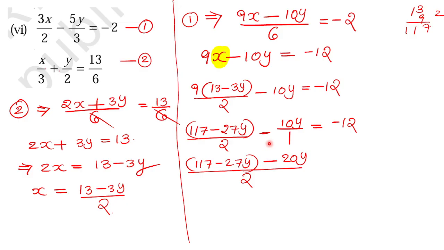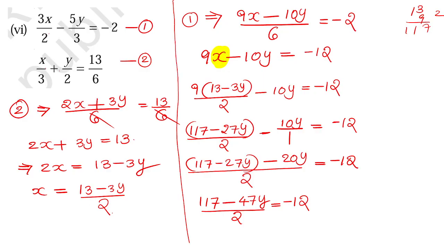Denominator is 2 into 1, 2. Understood? Clear? And the right side is minus 12. Let me write one more step. 117 minus 27y minus 20y. Minus 27 minus 20 will be minus 47y, all divided by 2 is equal to minus 12.